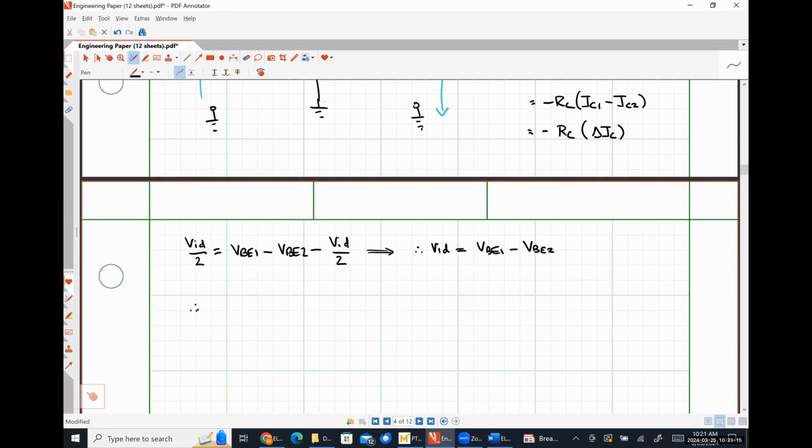So from here, we could say that our input differential mode voltage, VID, is going to be VBE1, which can be expressed as VT times the natural log of IC1 over IS minus VT times the natural log of IC2 over IS. Anybody got beef with that? Okay.